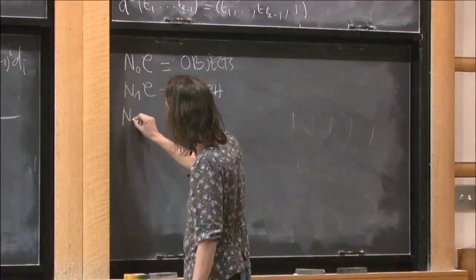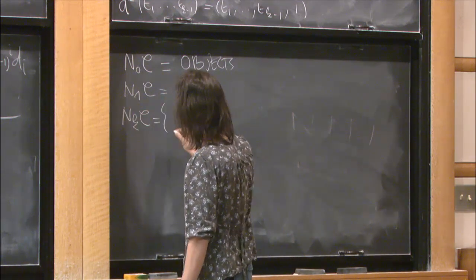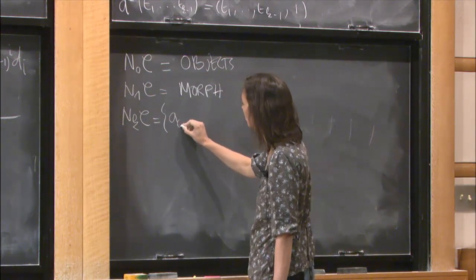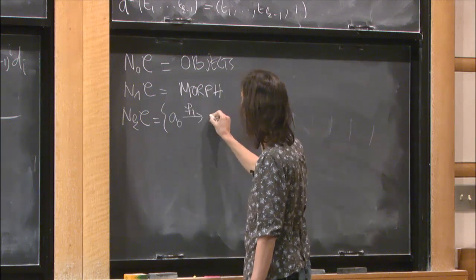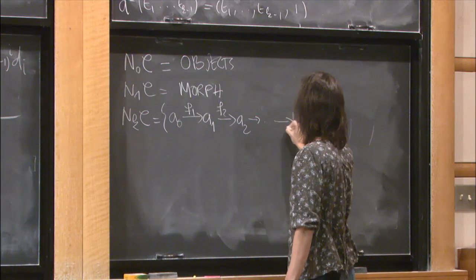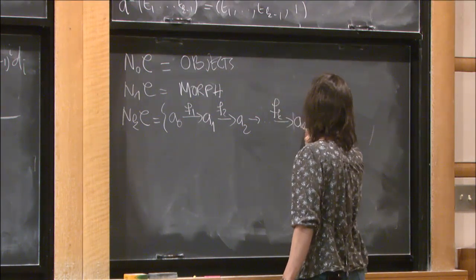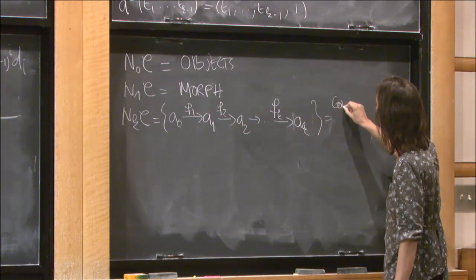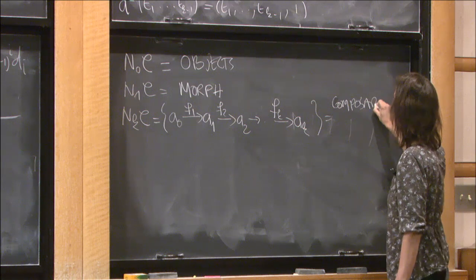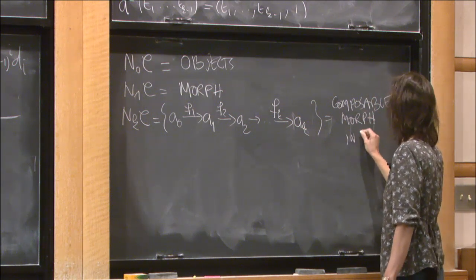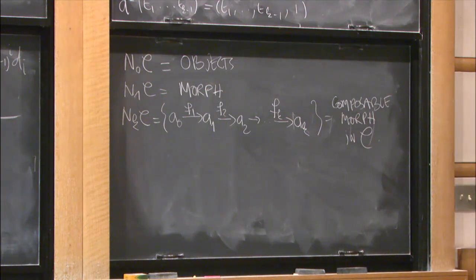More generally, N_k C is the set of composable morphisms: A0, F1, A1, F2, A2, up to Fk, Ak, in the category.